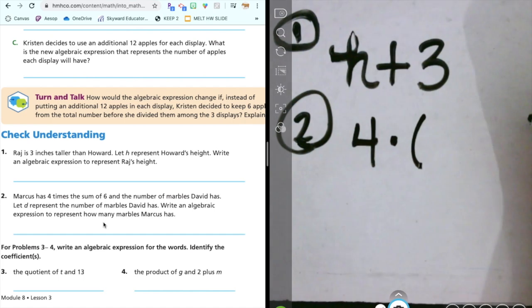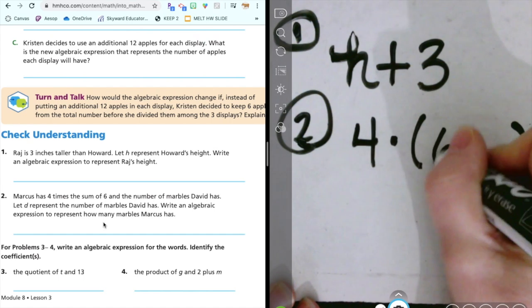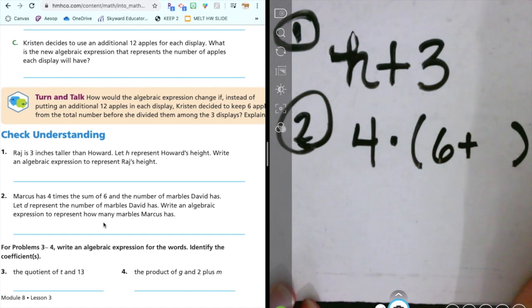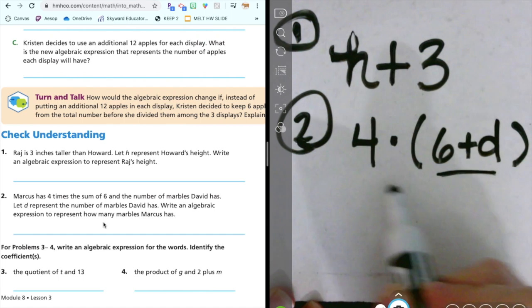Anytime I read words like that, like the sum or the difference, I'm going to put parentheses so that I can add my sum in there, because that means that they want the sum first. So they're going to find the sum of 6 and the number of marbles David has. The sum is addition and David is D. Okay, so what that means is we had to do this first before we multiply.